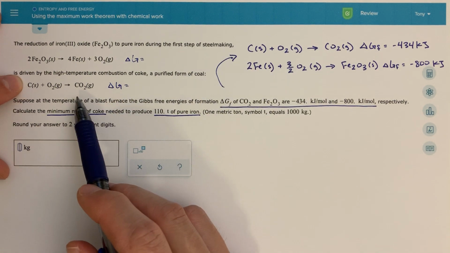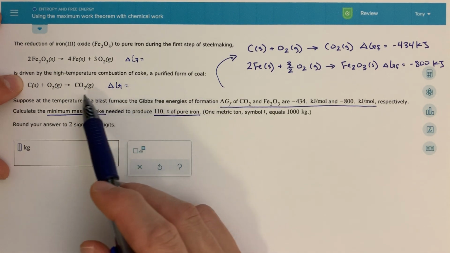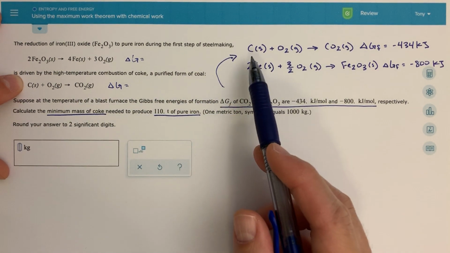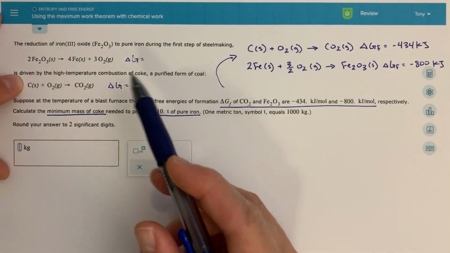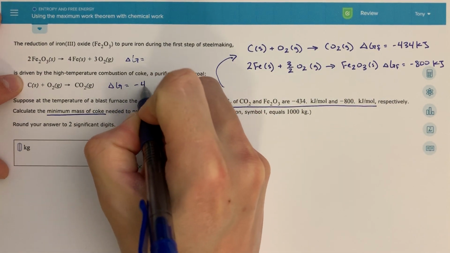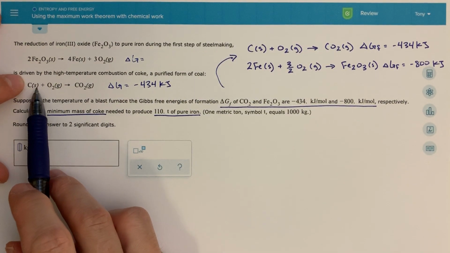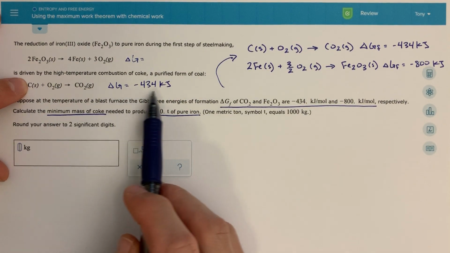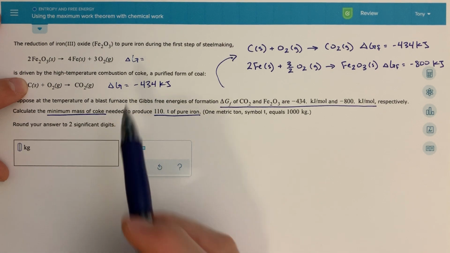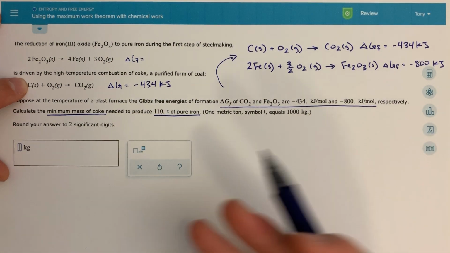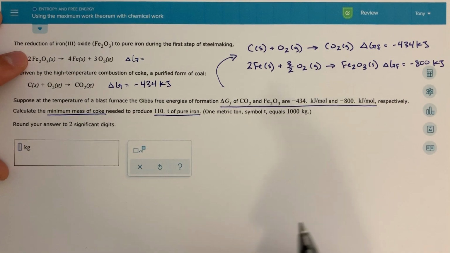So the bottom one's pretty easy because it's essentially the same as that formation reaction. So the delta G for the bottom reaction is just minus 434 kilojoules. So in essence, as we burn this carbon, we're going to be releasing some free energy. That free energy can be transferred into chemical work. That's going to be doing work on this top reaction.